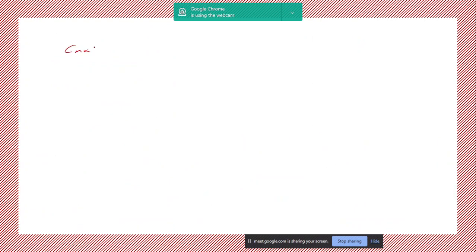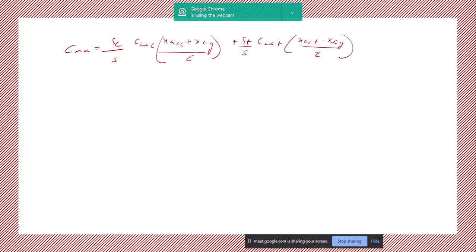So CM alpha is SC upon S, CL alpha C, XACC plus XCG by C bar plus ST upon S, CL alpha tail, XAC tail minus XCG by C bar, and you have, okay, this is negative.